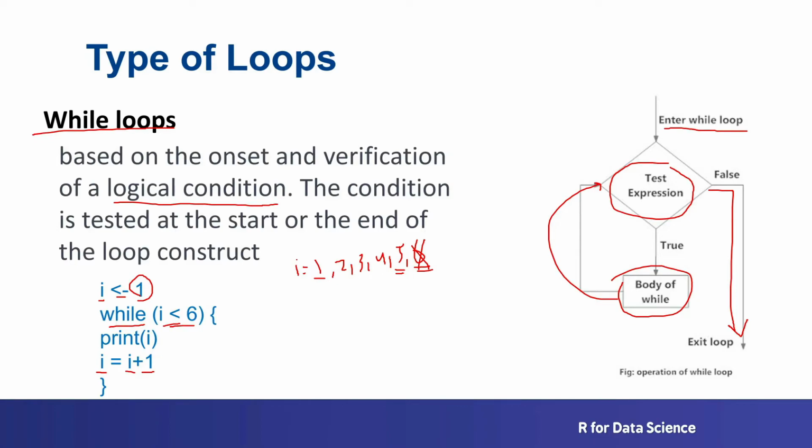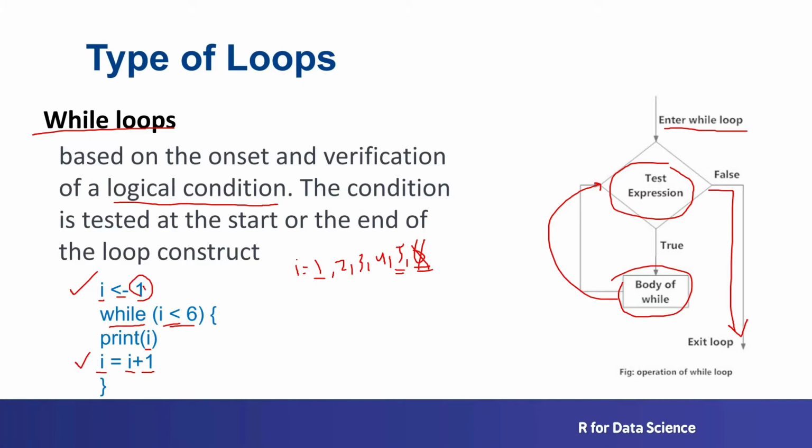Here I said while I is smaller than 6, which means keep printing I as long as the value of I is smaller than 6. And here I said I is going to be equal to 1. But after the print, I said I want you to increase I by 1.